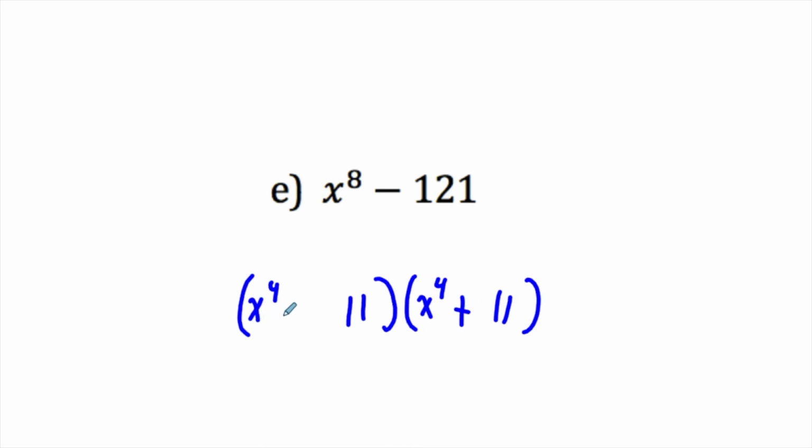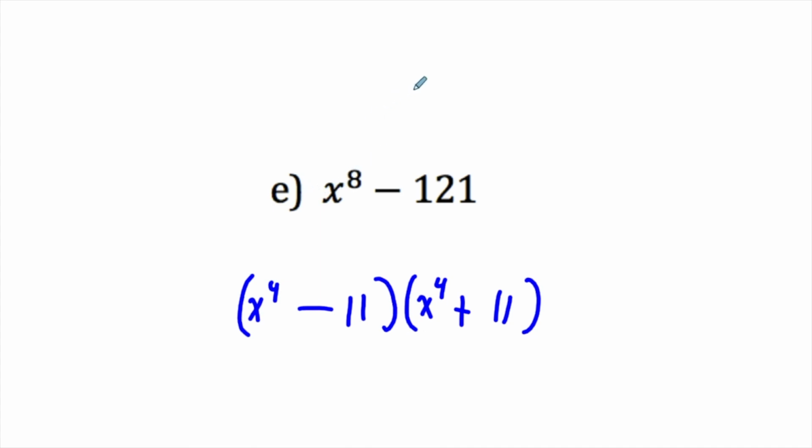One's a plus, one's a minus. Final answer. Okay? So again, just because it has a power of 8, it doesn't mean that it's not a perfect square. For variables, you just need to have an even power.